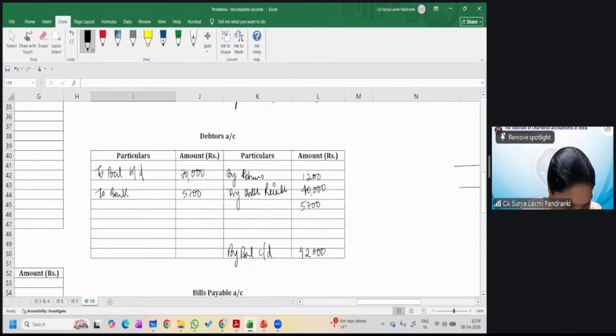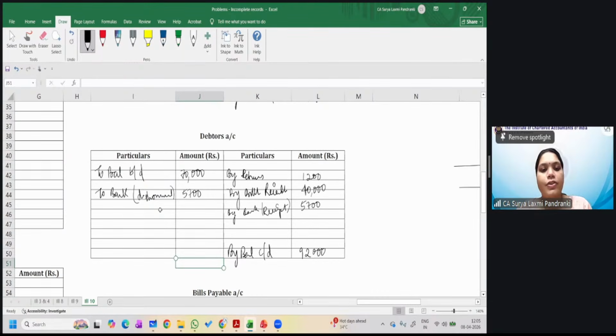By cheque dishonoured. And on the credit side, by cheque received. This is the cheque that is received, and this is the dishonoured one. You can write it in brackets so that you know which is which transaction.